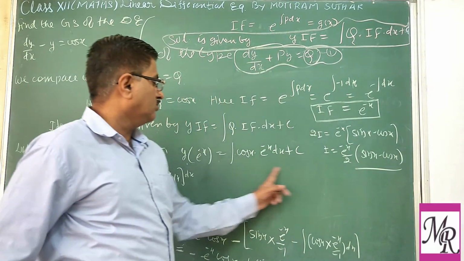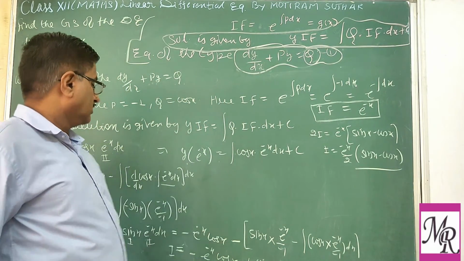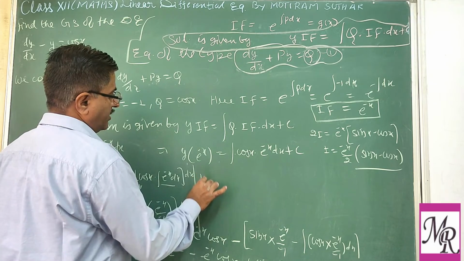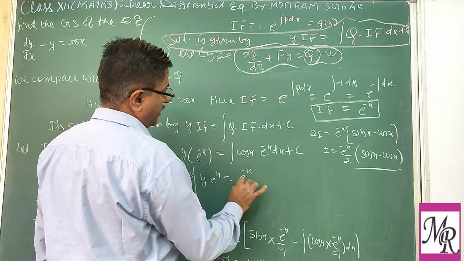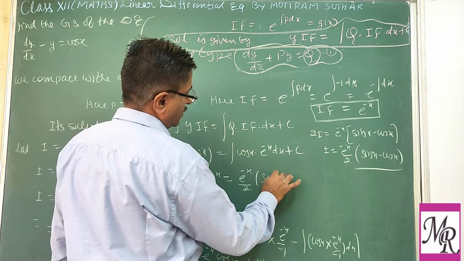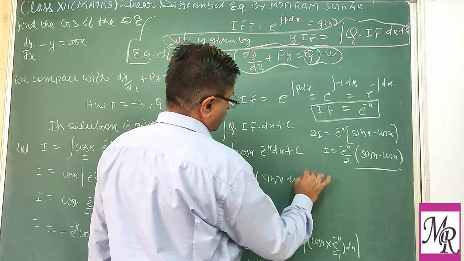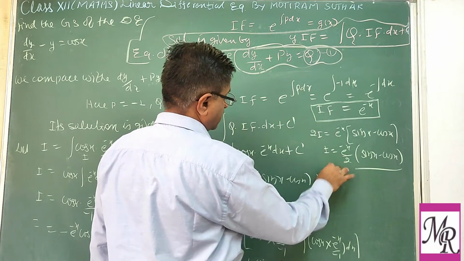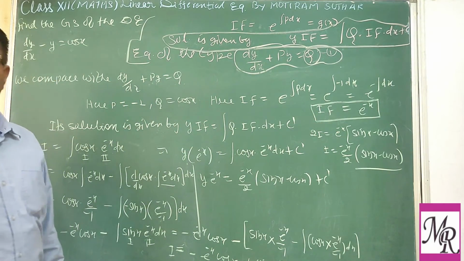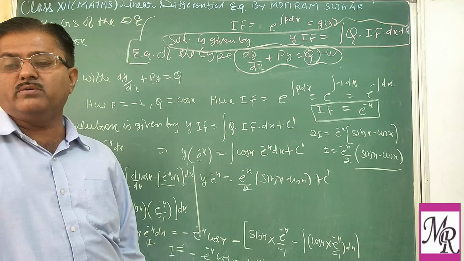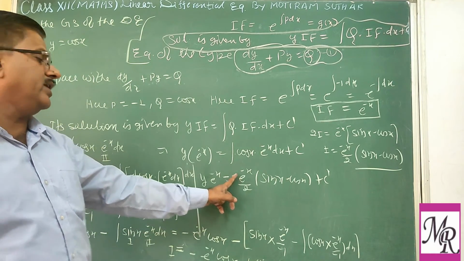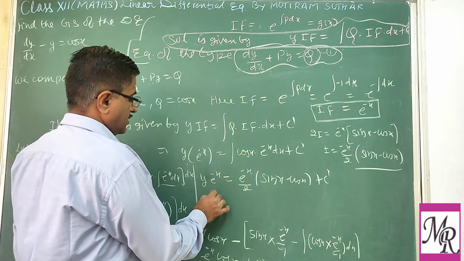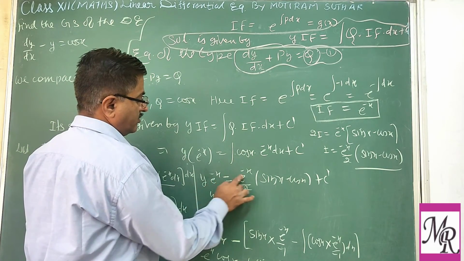So now this value we have to put here. So finally what do you get? y e power minus x equal to e power minus x by 2 into sin x minus cos x plus c dash. Now on both sides we have to divide by e power minus x. If you divide by e power minus x, the e power minus x cancels out on the left, leaving y.